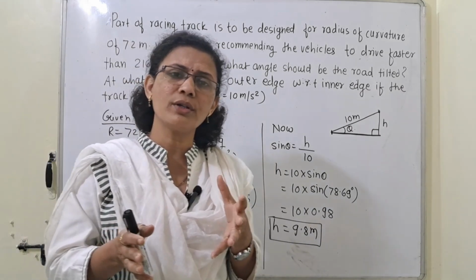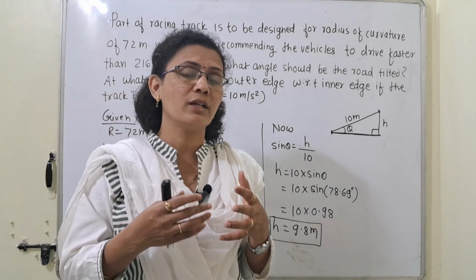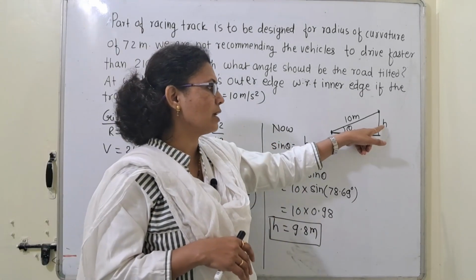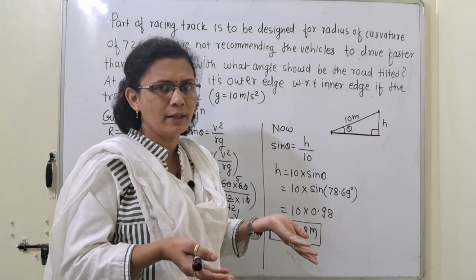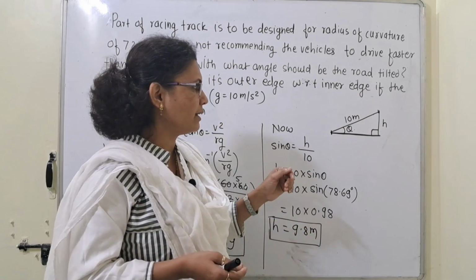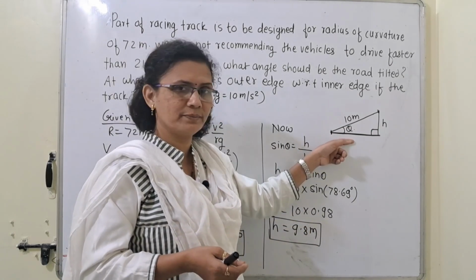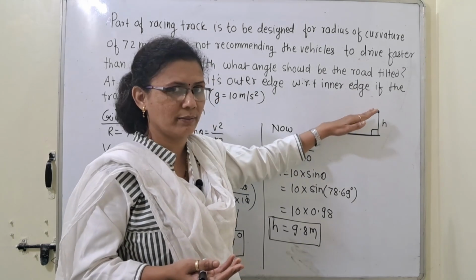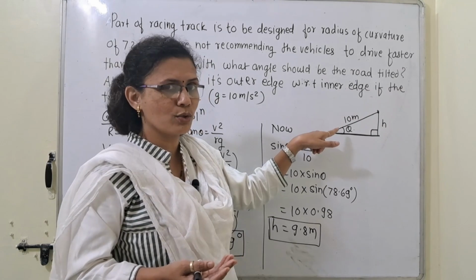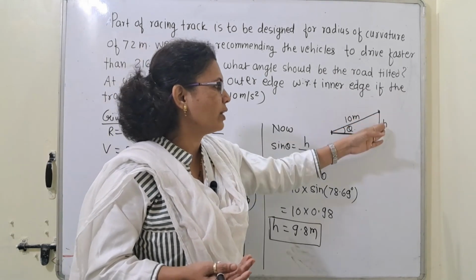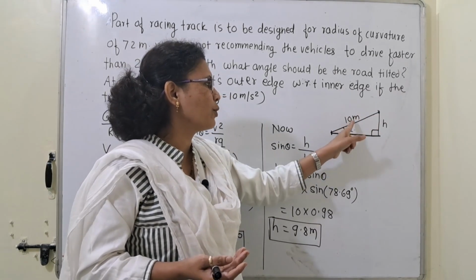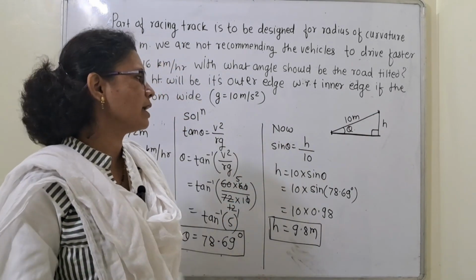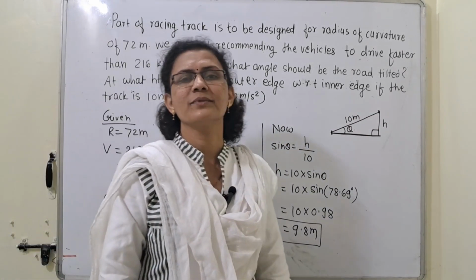According to the quantities given in the numerical, you have to decide in what way you can find that value. Here we have to find h, so we compulsorily use sine theta, because we know only the width of this inclined road. So we know the hypotenuse, and we have to find the opposite side. Opposite upon hypotenuse is nothing but sine theta. So by calculating sine theta, you can find h.